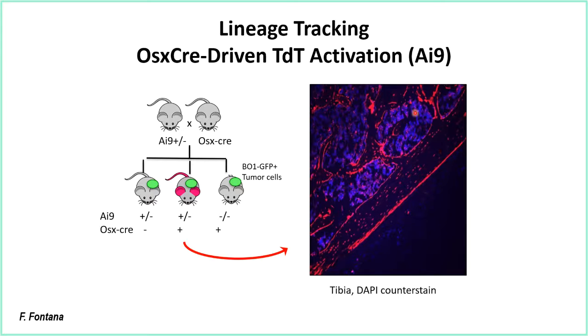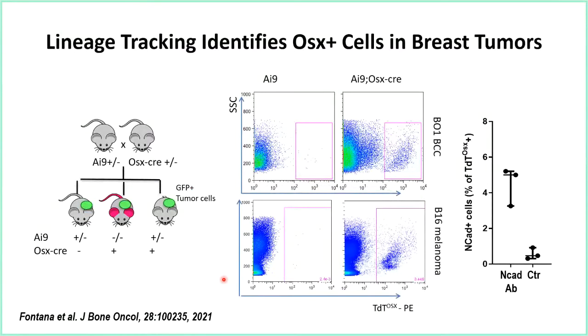Here is a section of bone where Osterix is expressed. As you can see, it's present pretty much everywhere in cells of bone: osteocytes, periosteal cells, osteoblasts on the surface, and in some cells of the bone marrow. Be that as it may, it is also present in breast cancers grown in the mammary fat pad.